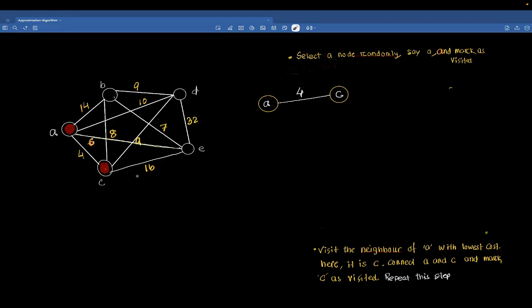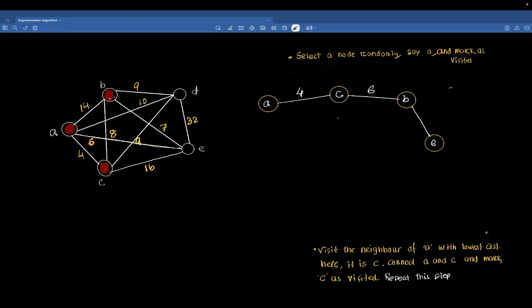But however, from A to C, the cost is 4. But we have already visited A. We cannot go back to A now. That is why we have only one choice. From C to B is the next vertex to visit. We'll connect C and B, and cost is 6.